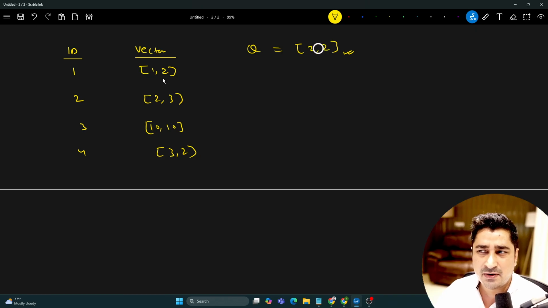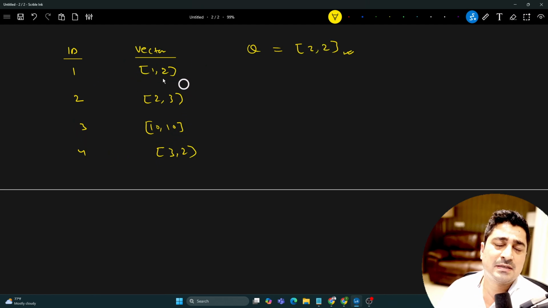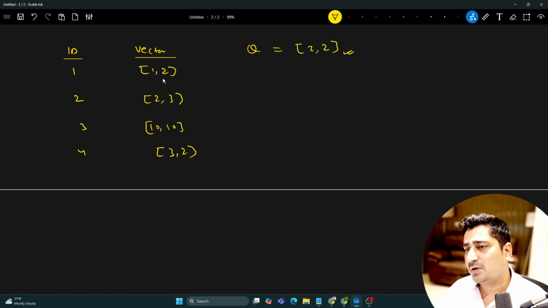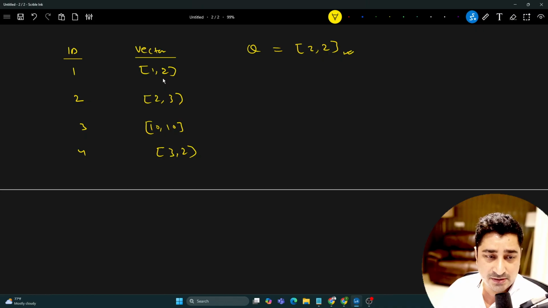This is my query. So it should always give me data similar to this particular query from this entire vector set. Maybe it should give me the top 1, top 2, top 3, top n, whatever it is, but it should give me information.